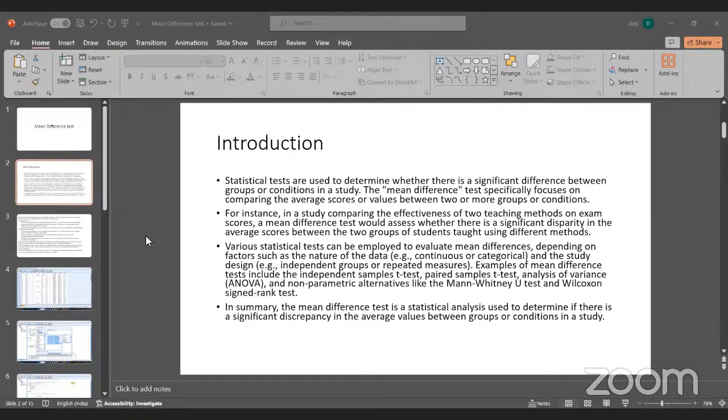Since the data are collected following the random sampling procedure from the managers as well as from the teachers in management, we can use the independent sample t-test.